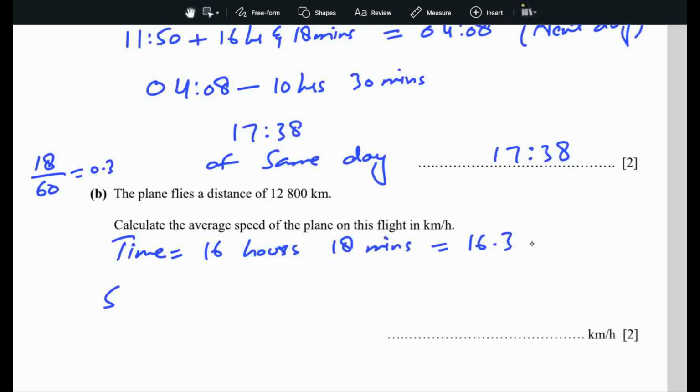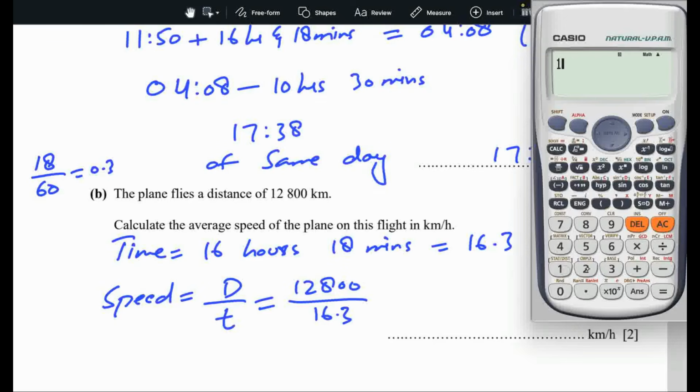So speed is equal to distance divided by time. So distance is 12,800 and time is 16.3. So 12,800 divided by 16.3.